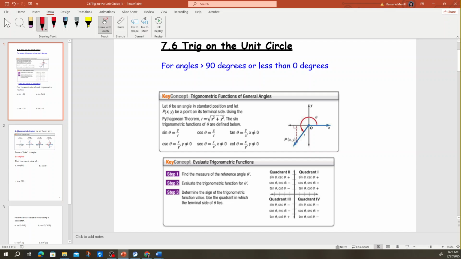We'll call that point just (x, y) for now. So wherever (x, y) is, notice how this leg is the x direction on the x-axis, on the coordinate plane, and this vertical leg is the y direction. That's where your ordered pair is, on the point that they go through.